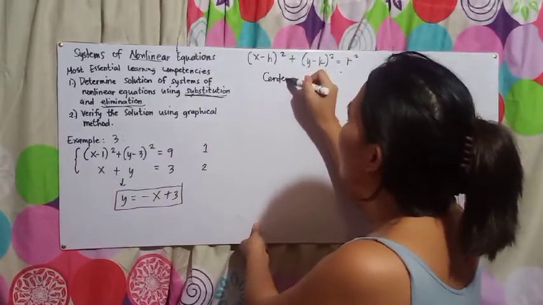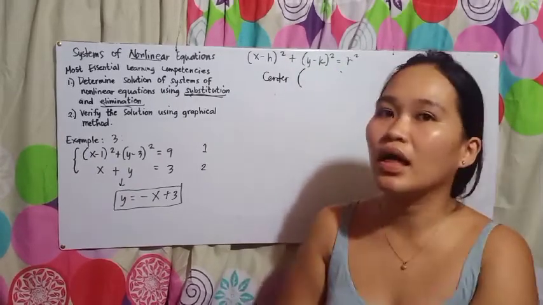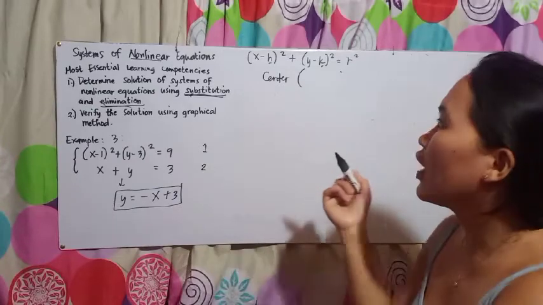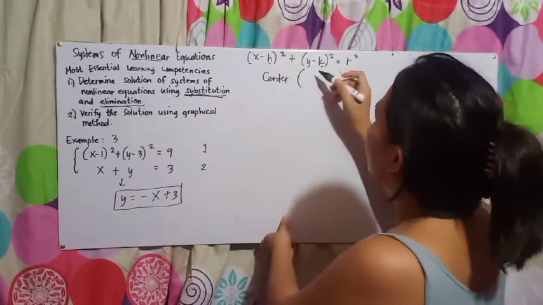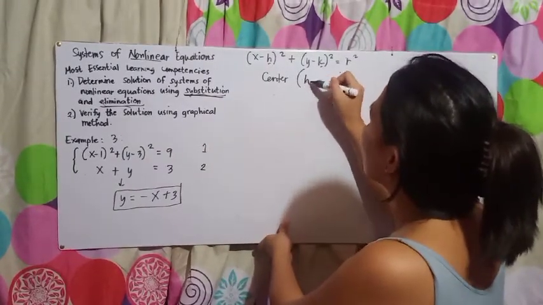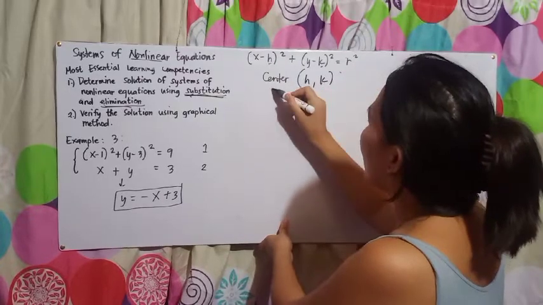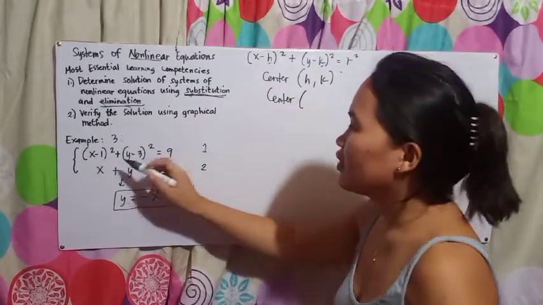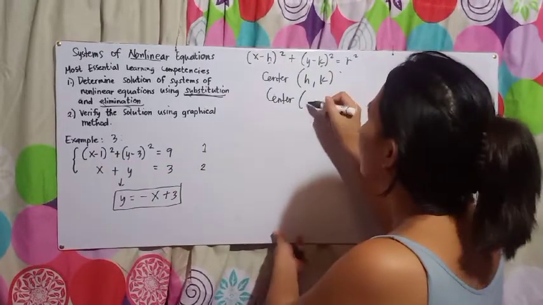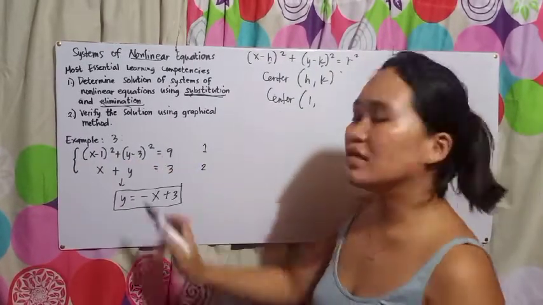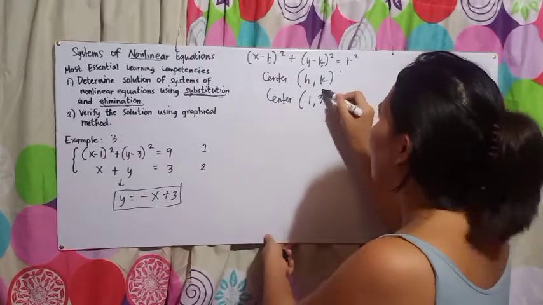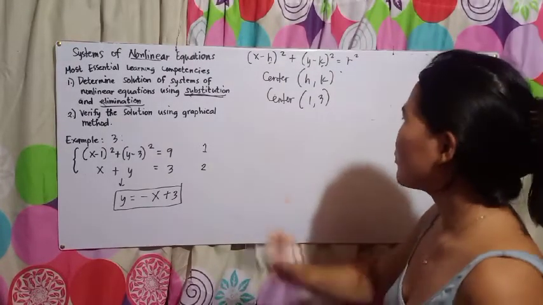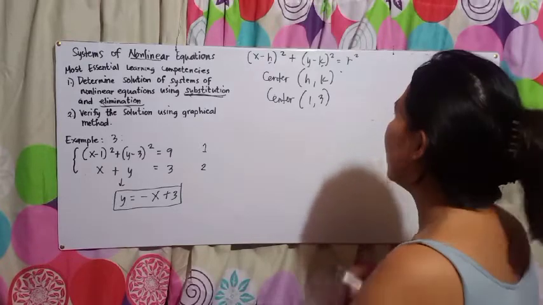Para ma-identify kung asa ang center sa circle, kay kining h ug k. So, ang h is 1 man, ang k is 3. So, ang center sa circle is naa sa 1 and 3.